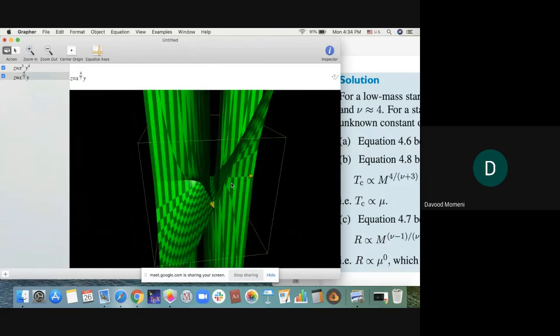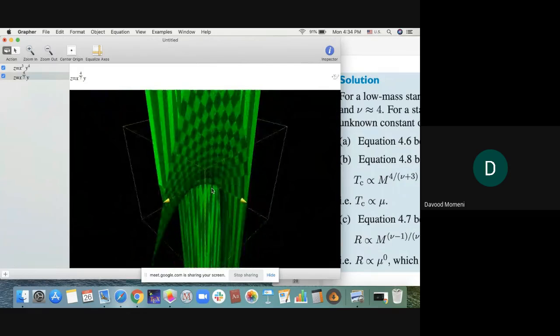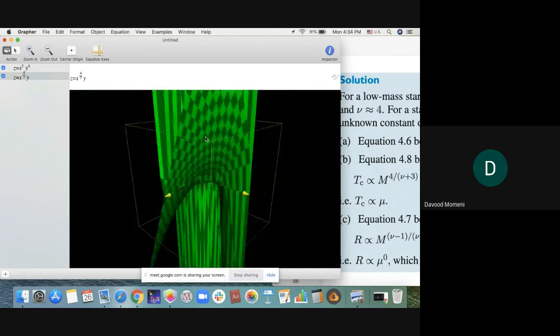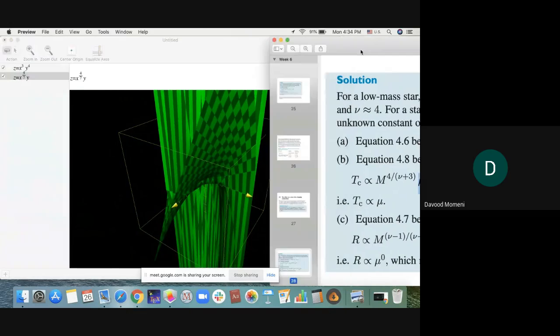If you want to show the frame, that may be very helpful. The x-axis is the mass, the y-axis is chemical potential, and the z-axis is the core temperature.